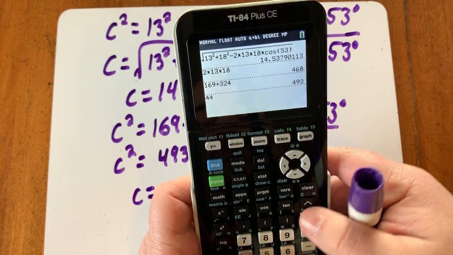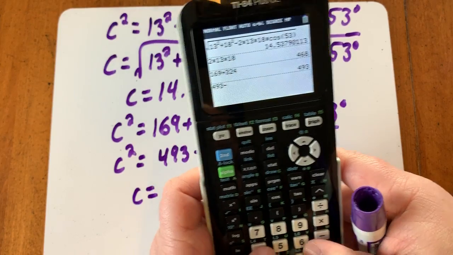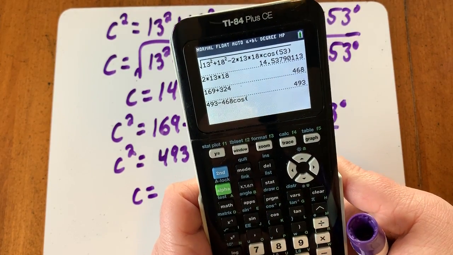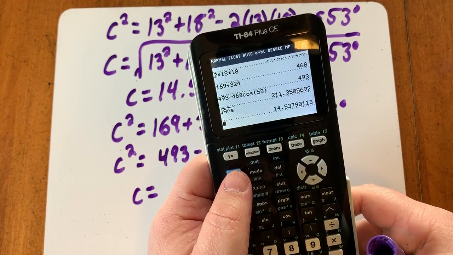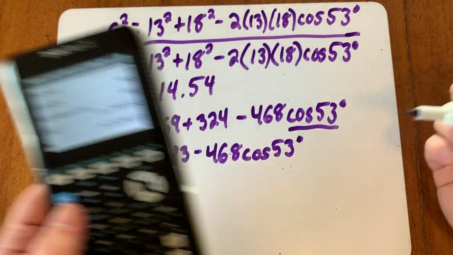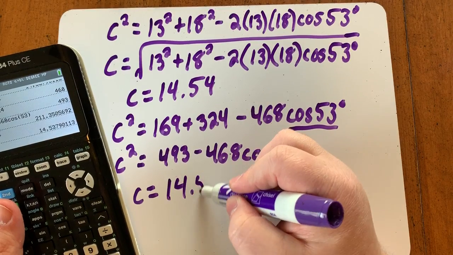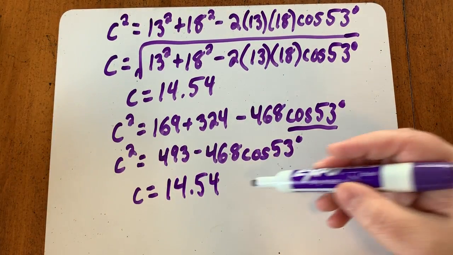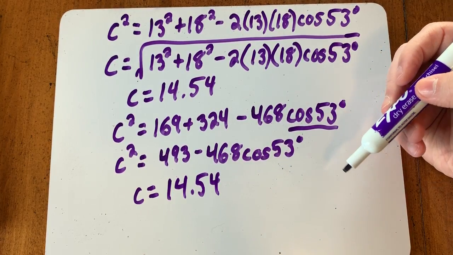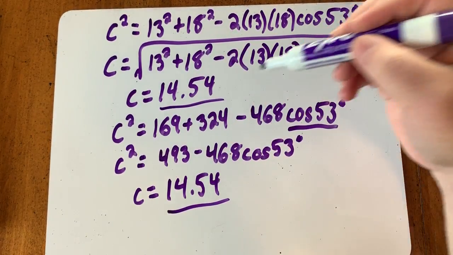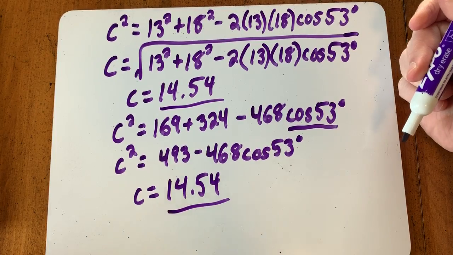So 493 minus 468 cosine of 53. Square root of that is 14.54. You get the same thing. So whether you plug it in one go or you break it down part by part, you're still getting the same value either way.